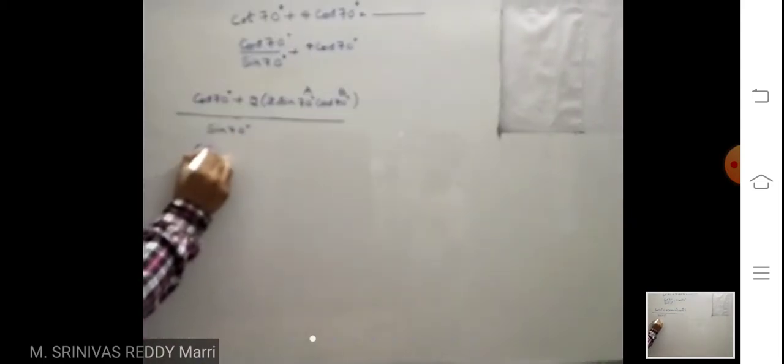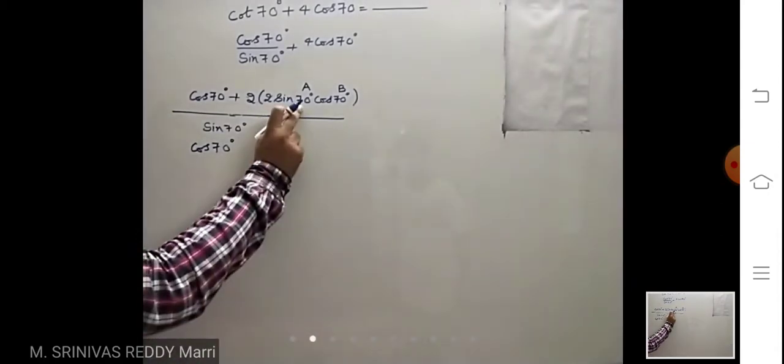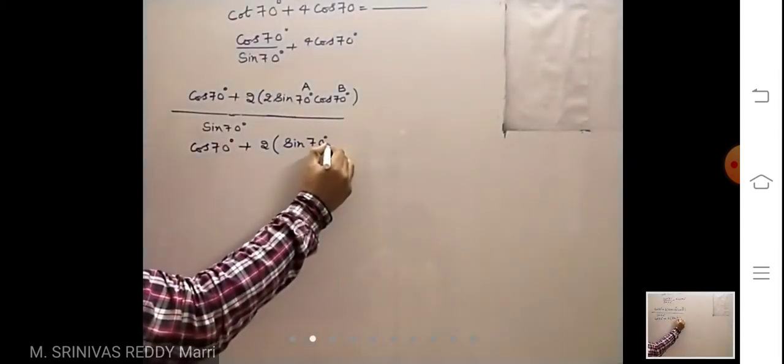For the time being 2 sin A cos B. So look at 2 sin A cos B, 2 into sin of A plus B plus sin of A minus B. Write the formula comfortably.